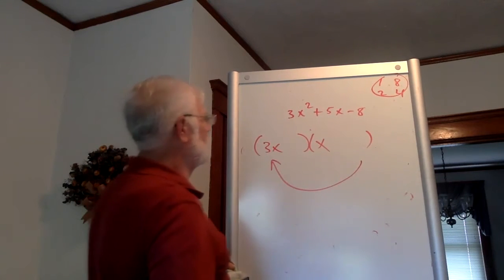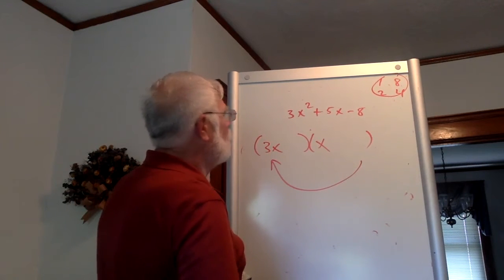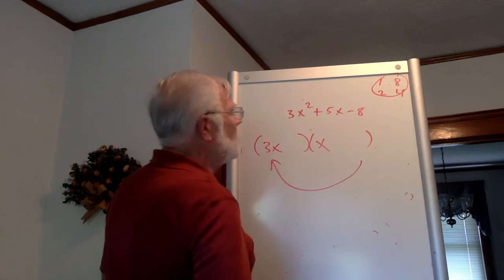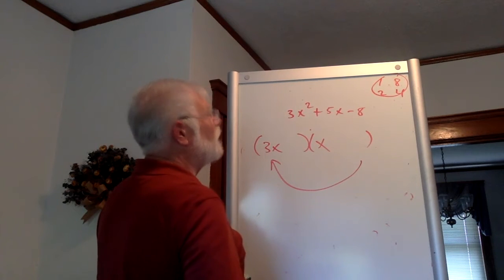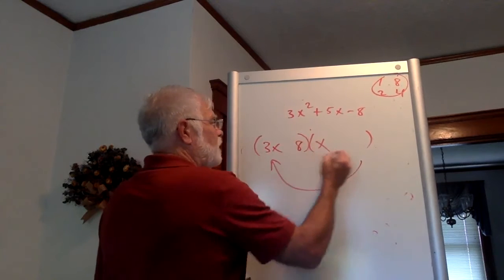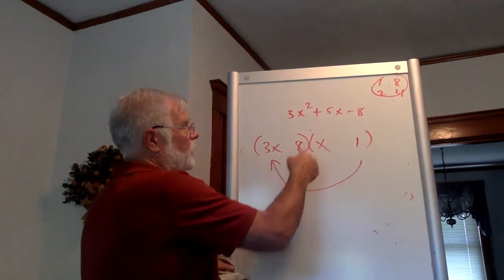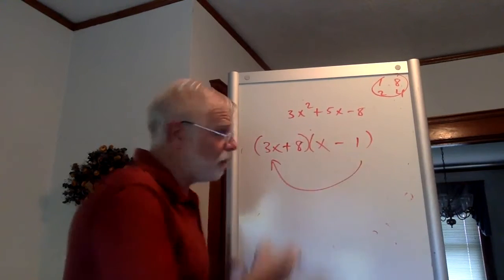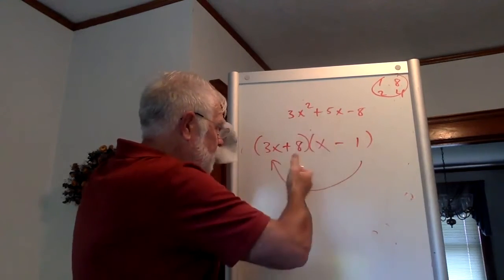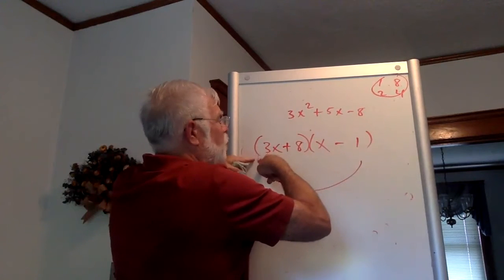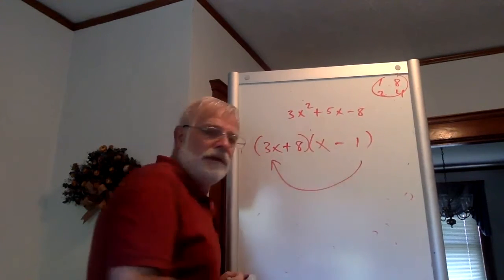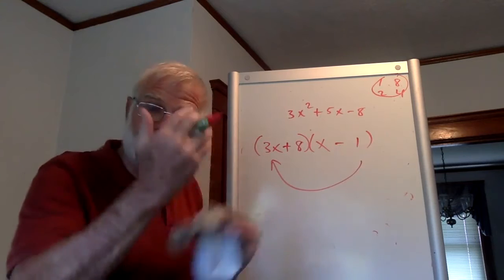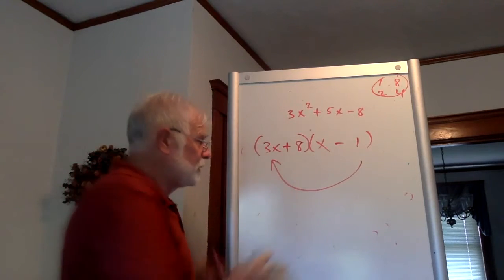I see 8 and 1. There's 3 and 8. I want that to be positive. I'll make that positive, that negative. So all I did was throw numbers in, right? I tried 4, 12, and 2 doesn't match up. And that's what you should be practicing, like a computer, with clues.